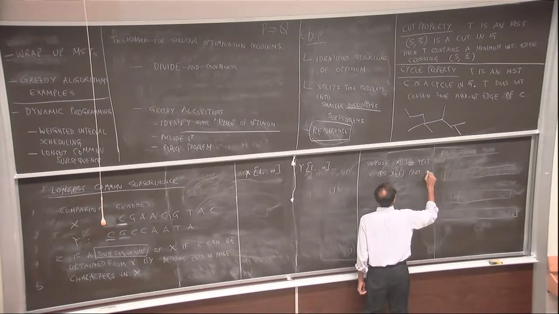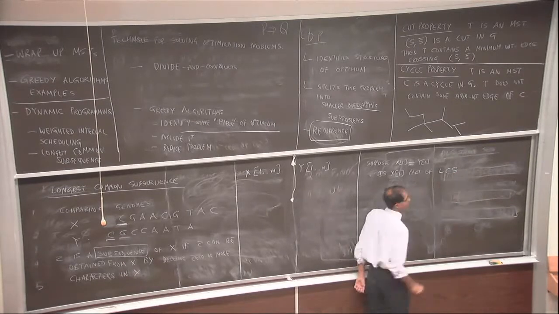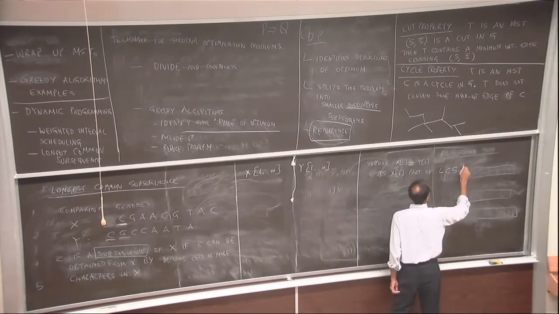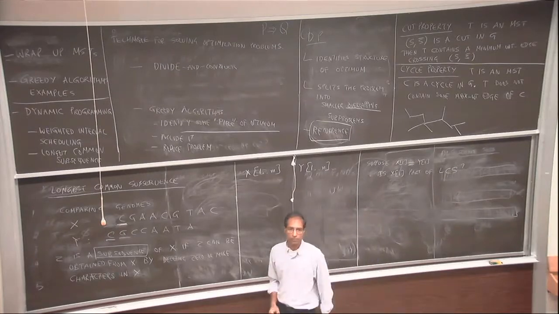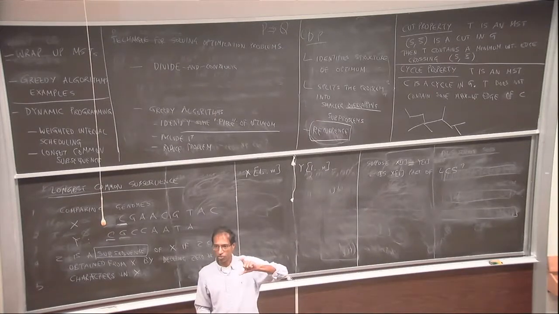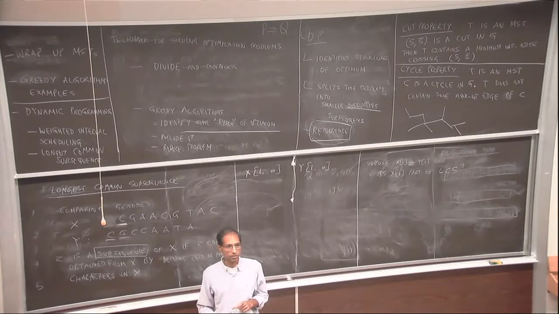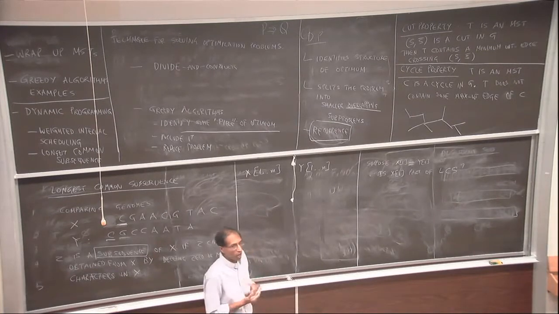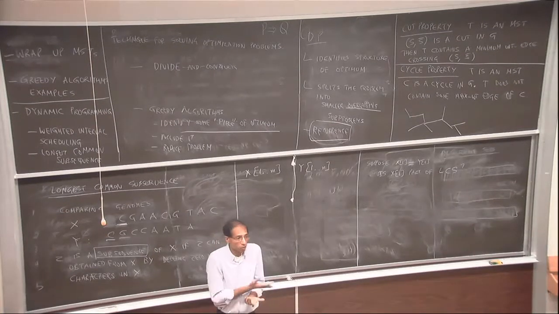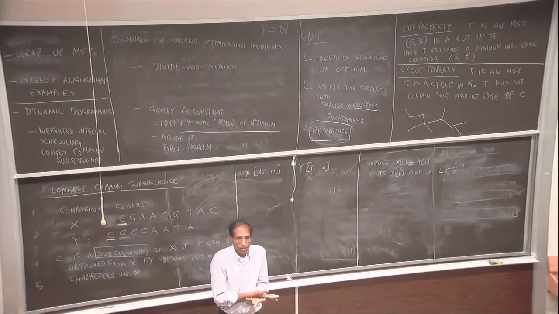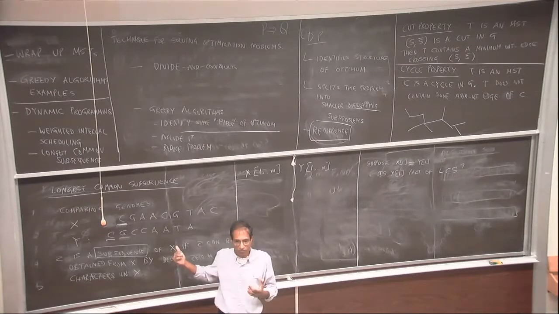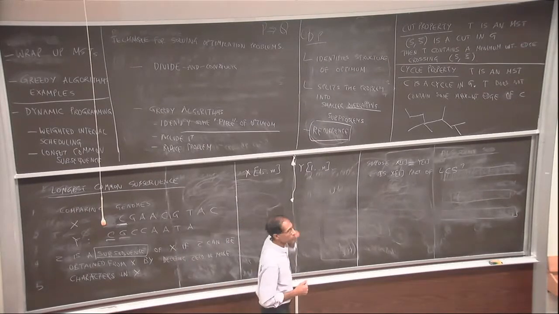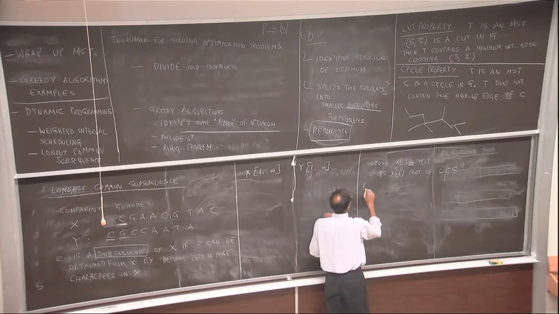Is it the case that this is part of a longest common subsequence? Suppose the first two characters completely match. Is it the case that it is part of a longest common subsequence? Okay, so this is sometimes referred to as an optimal substructure property that we need for greedy to work. Okay, but it turns out this is not sufficient, because if it is not, what do we do? And that's where we were struggling. Okay, but let's try to see if this is true. So we'll try to prove it.